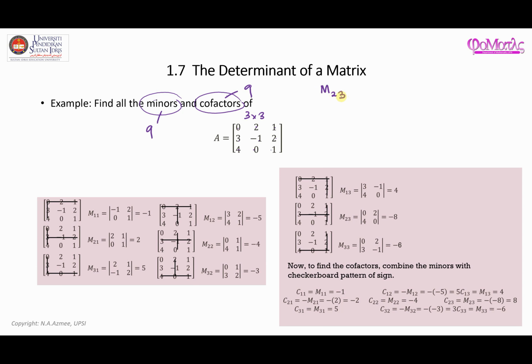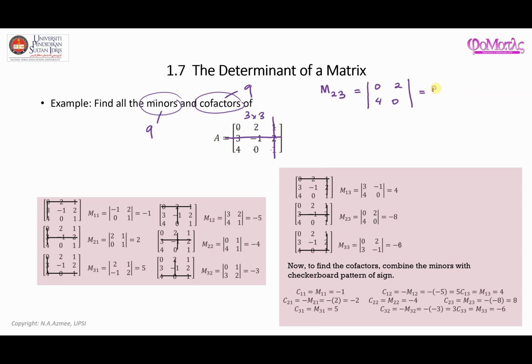Therefore, without hesitation, you just have to delete the second row and third column. Notice the values that are left and write them down here: 0, 2, 4, 0. And next you can find the determinant of this 2 by 2 matrix.